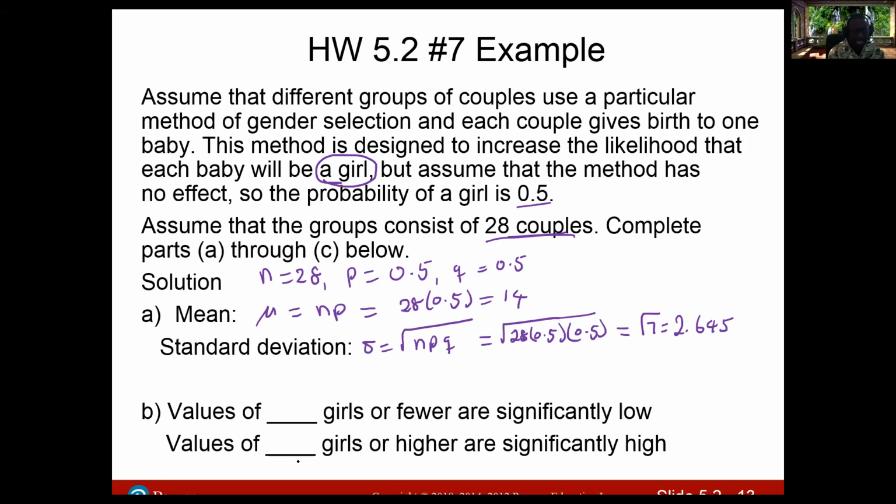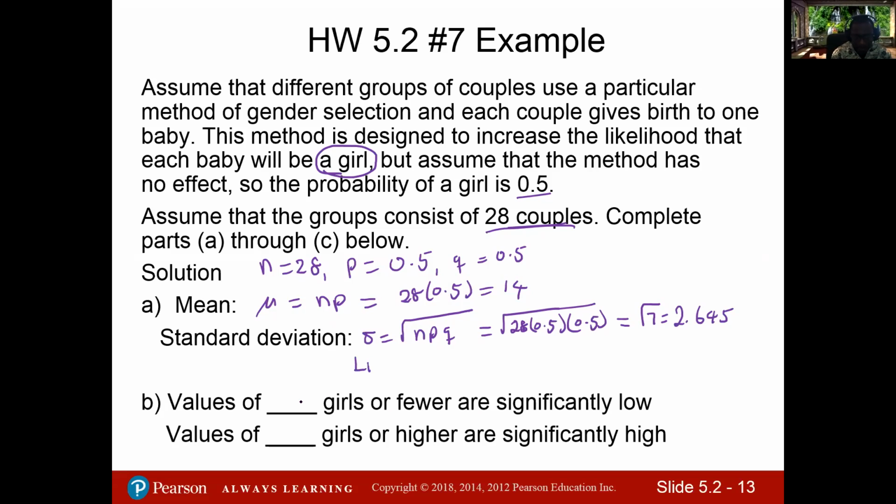Part B, it says that for a certain value of girls or fewer, the values are significantly low. Now remember, these are the limits, and I'm doing part B now. That is mu minus 2 sigma, and then mu plus 2 sigma.